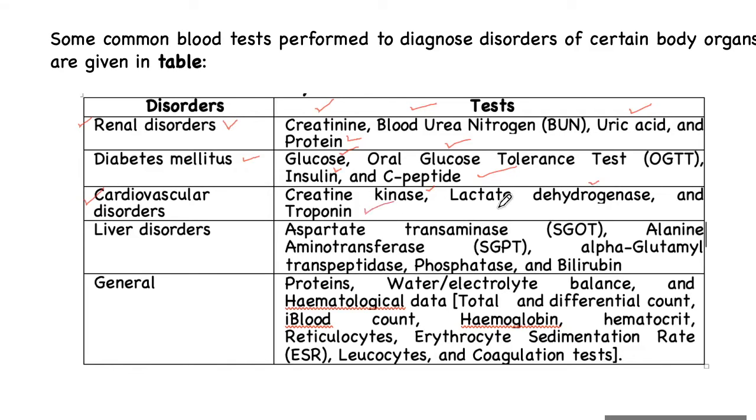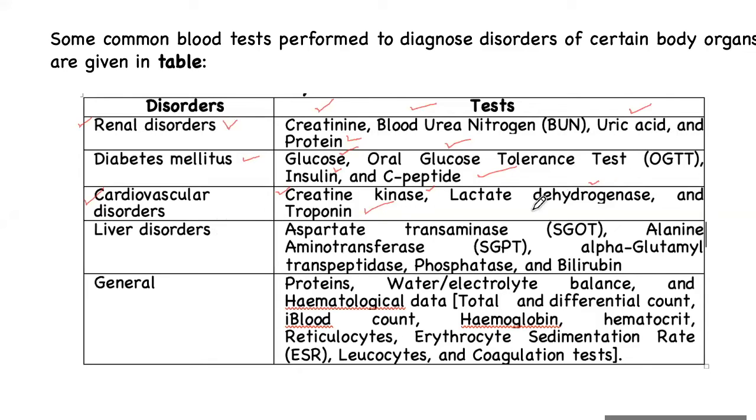These give an indication of cardiac health. If any abnormality is related to the heart, maybe myocardial infarction, maybe a minor heart attack, their levels are abnormal. A high creatine kinase level indicates that the patient might have had a minor heart attack in the past.